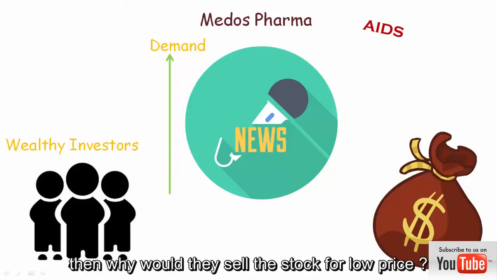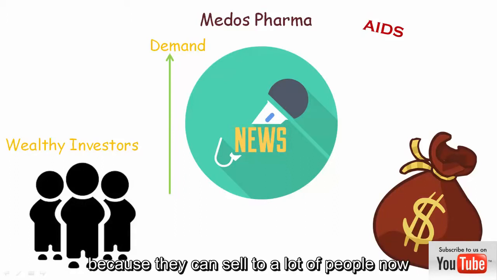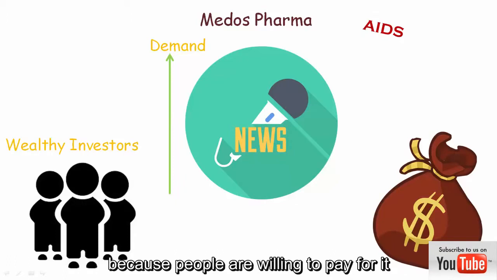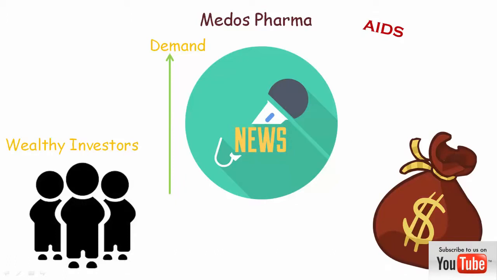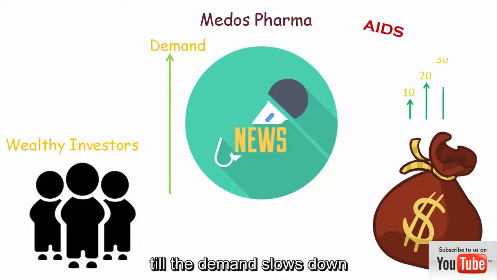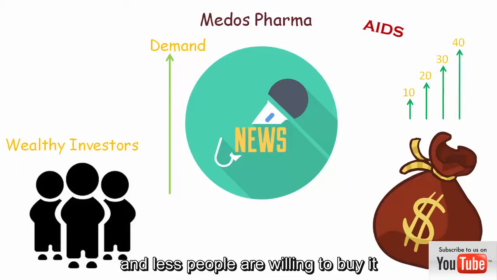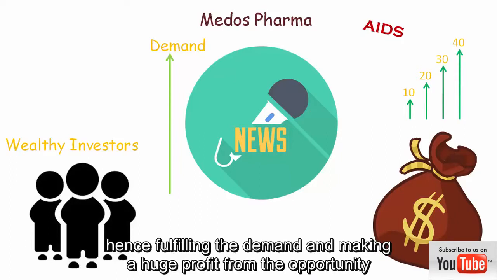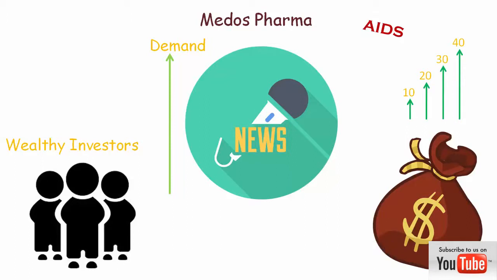They can sell to a lot of people now at a higher price, because people are willing to pay for it. The sellers will keep on increasing the price till the demand slows down and fewer people are willing to buy it, hence fulfilling the demand and making a huge profit from the opportunity.